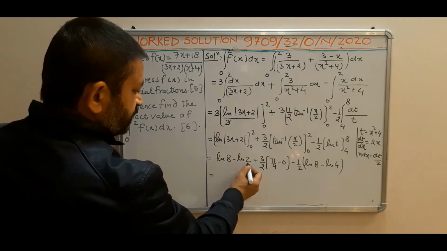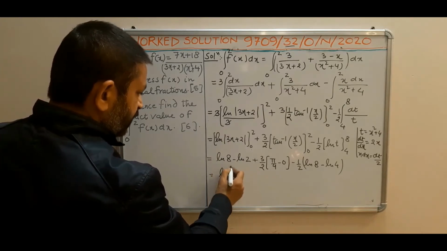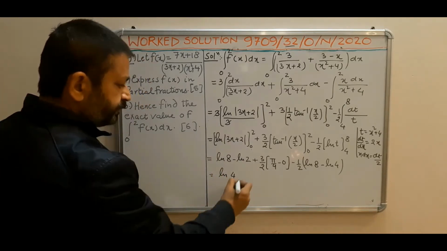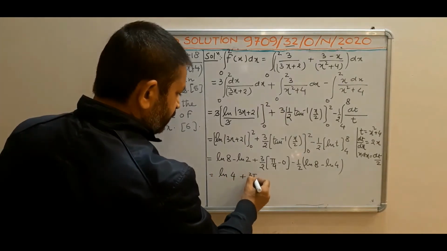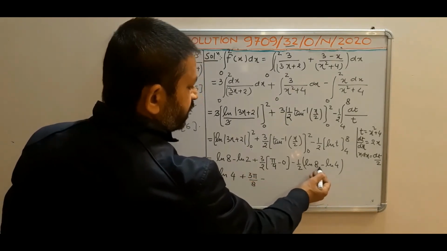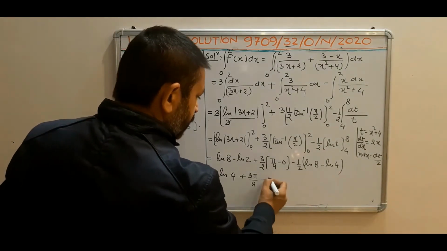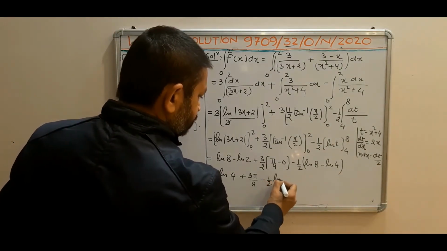Log x minus log y is ln x upon y, so it will become ln 8 upon 2, that is 4, plus 3 pi upon 8, minus, this is 8 upon 4, that is 2 ln 2, minus half ln 2.